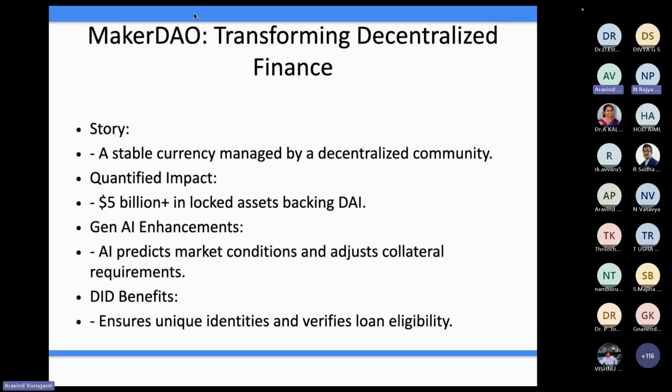The other functionality is an individual can put up 1 BTC, for example, and take a loan of 40% of the value or 50% of the value or whatever. And the DID, a decentralized identity attached to it, can make sure of the loan eligibility.